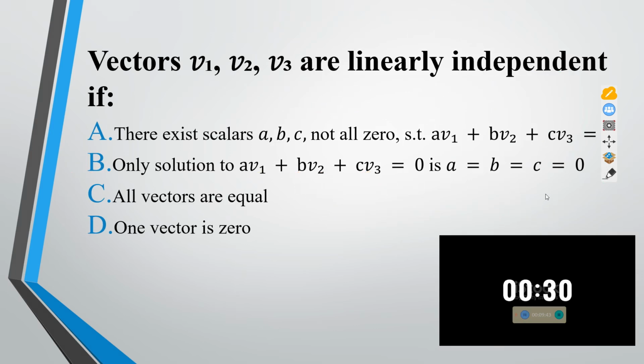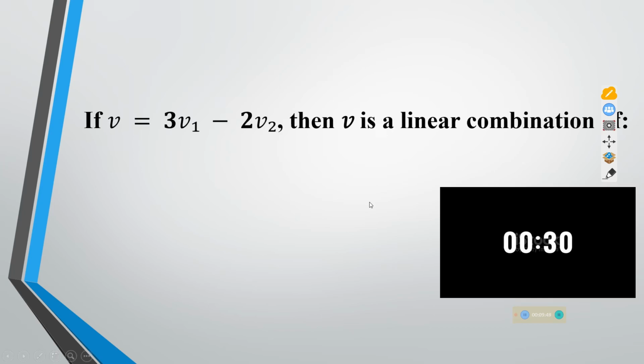So looking at the next question we are having, if V is equal to that, then V is a linear combination of V1 and V2.